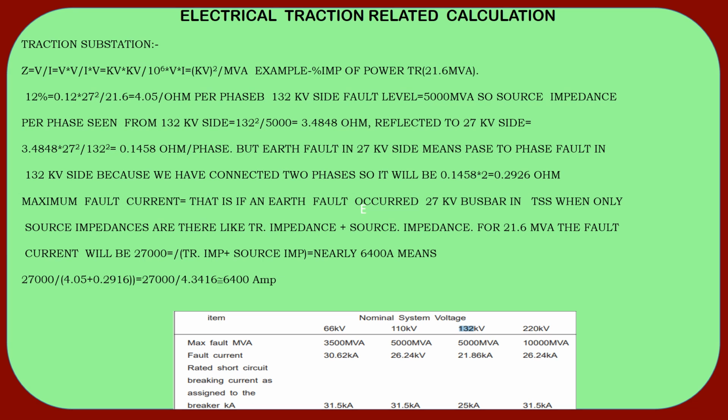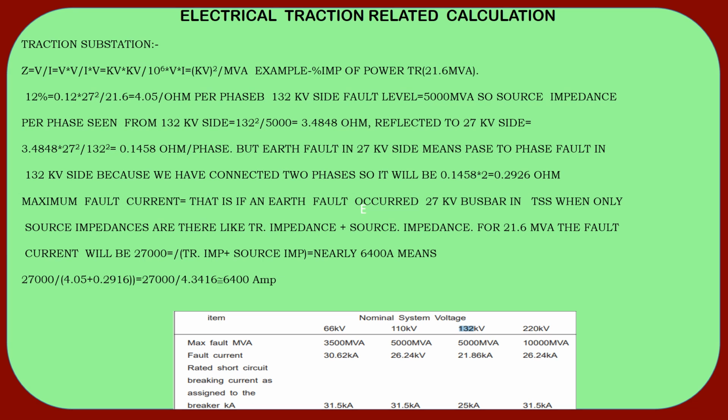It is 12%. Total impedance means when the power transformer takes the full load current and the circuit is complete, the whole capacity of the transformer is utilized, and at that time the percentage impedance will be 12%.